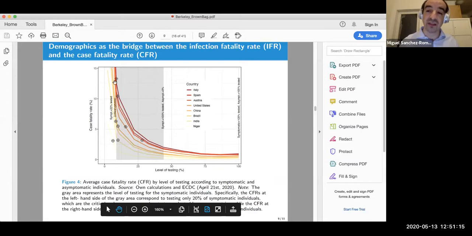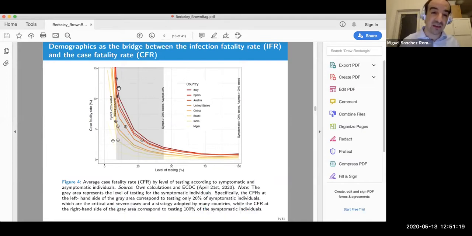for each one of the countries we are computing, in these cross circles, exactly what the case fatality rate would be that corresponds to each specific country.